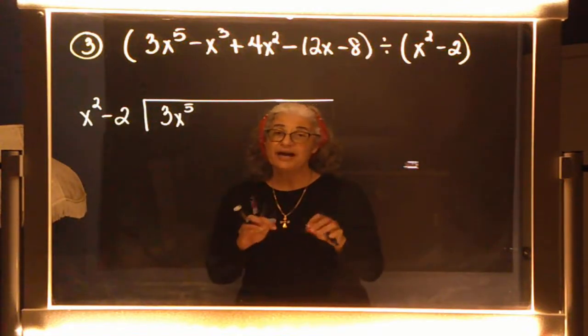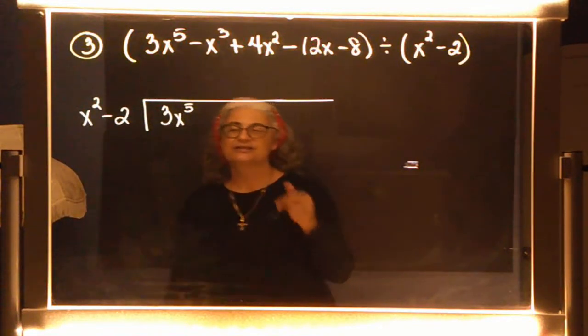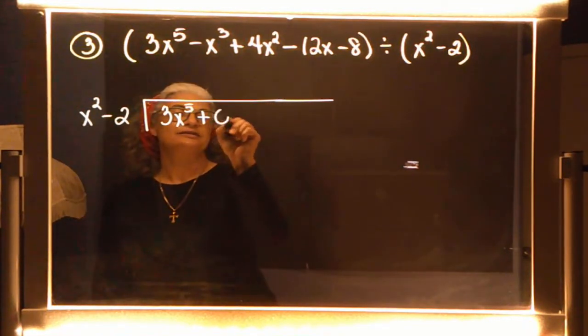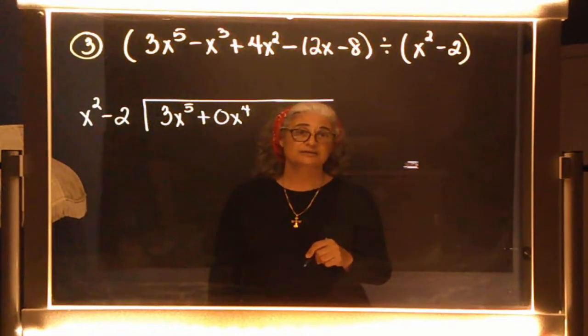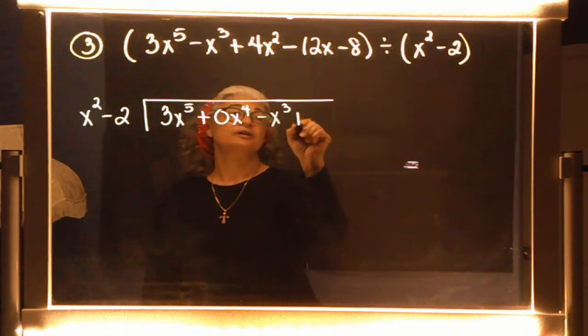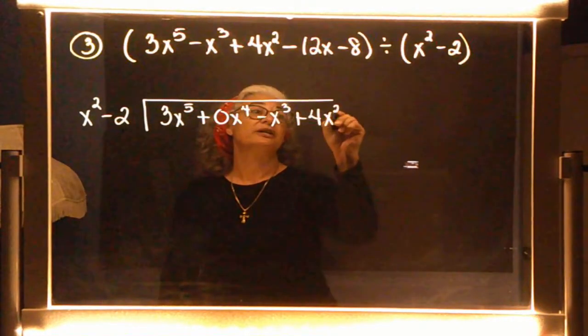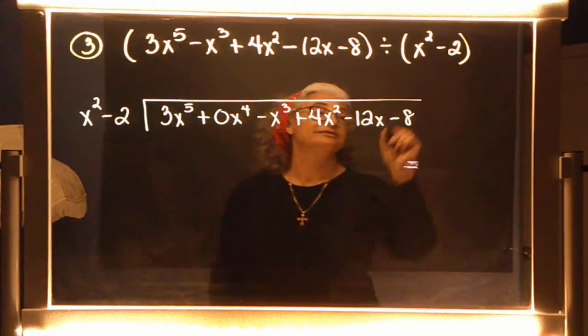None. And in math, none means what number? Good, 0. So plus 0x to the power of 4. Got it? Okay. And then minus the x cubed plus 4x squared minus 12x minus the 8.